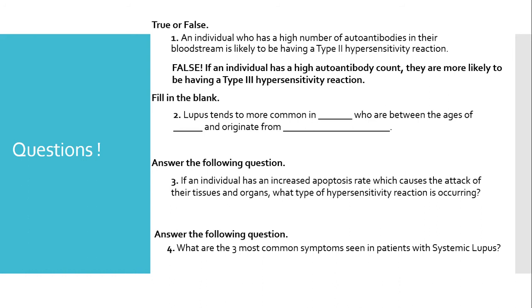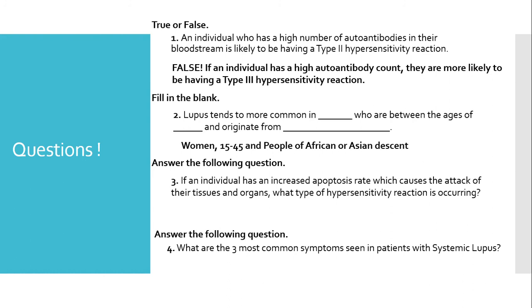Fill in the blank. Lupus tends to be more common in blank who are between the ages of blank and blank and originate from blank. Women, 15 to 45, and people of African or Asian descent.